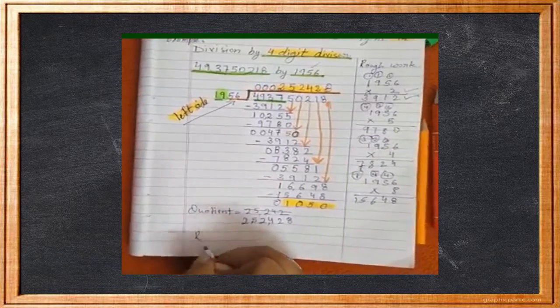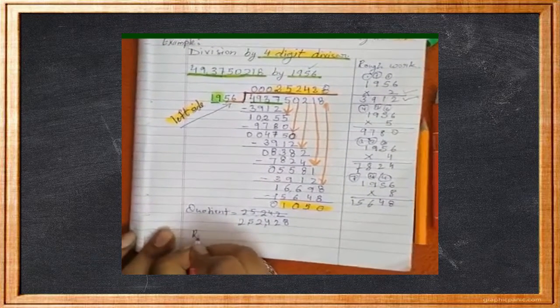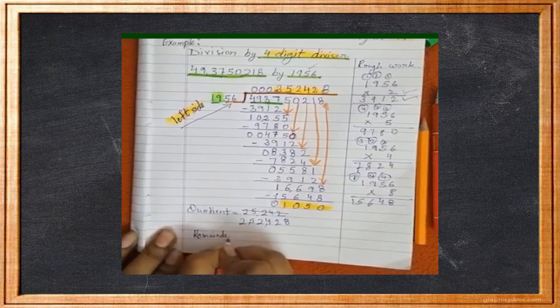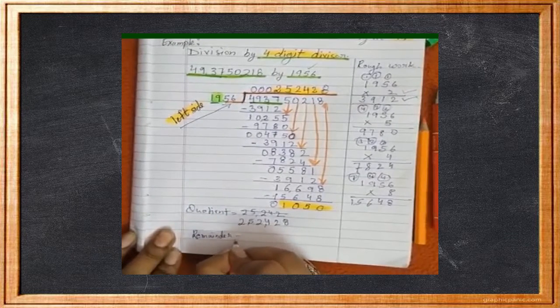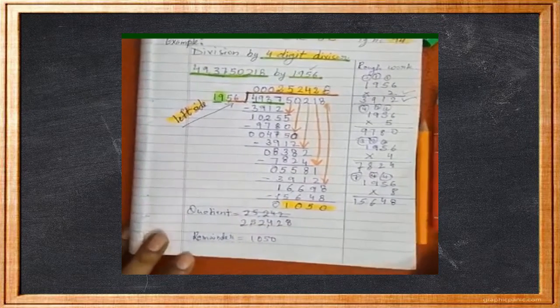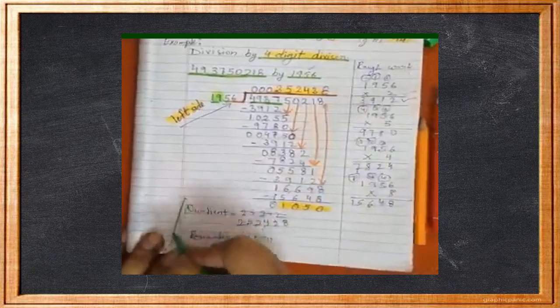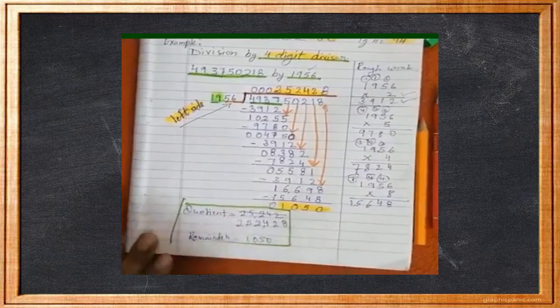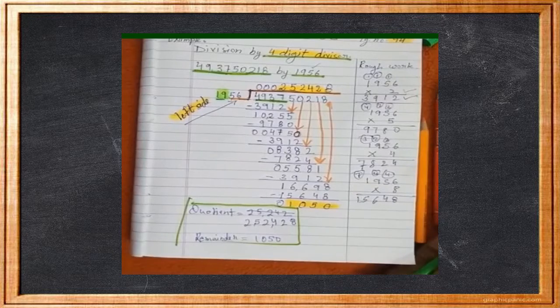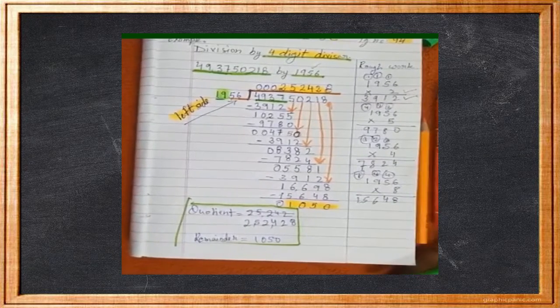And your remainder is, sorry, 1050. So this is your answer, children. Quotient 2,52,428, remainder 1050. So this is how we do division with large numbers.